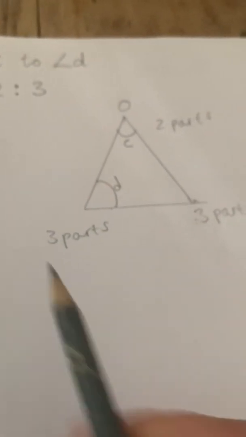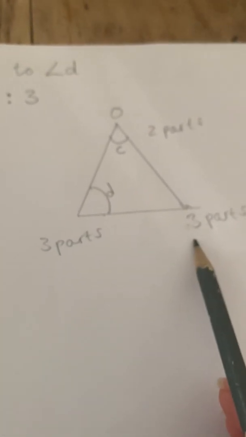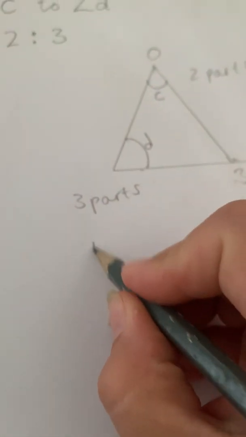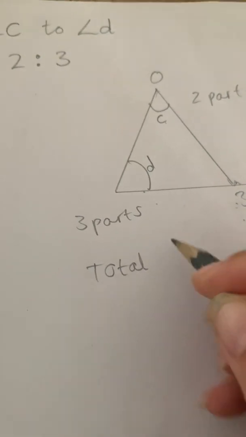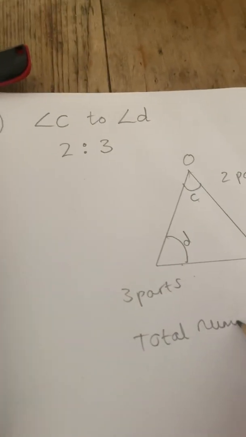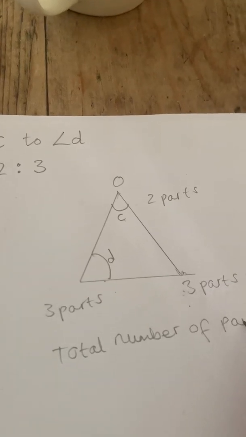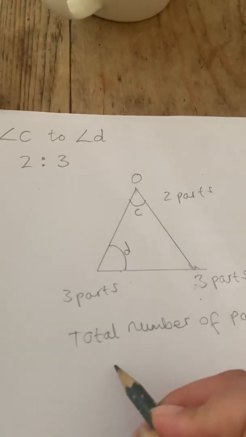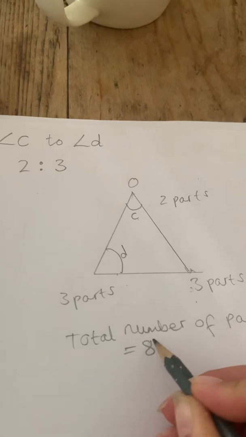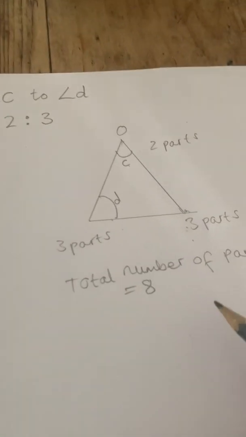So in total, I've got 3 parts and 3 parts, which is 6 parts, plus another 2 parts, giving us a total number of parts of 8 parts. Total number of parts equals 8. Okay, just writing this down so it's helpful so you remember what you're doing along the way.